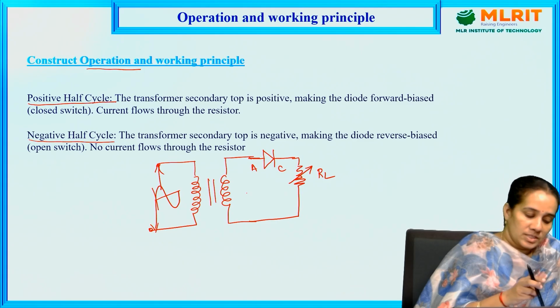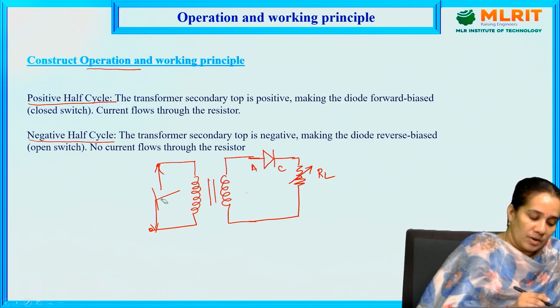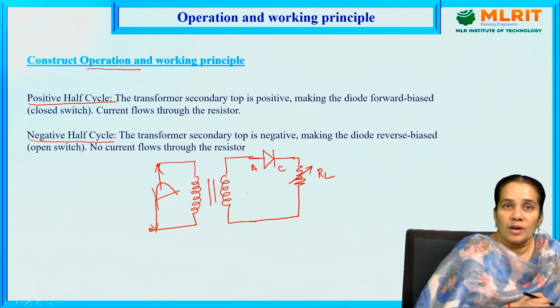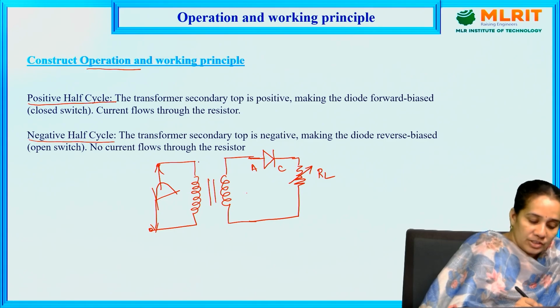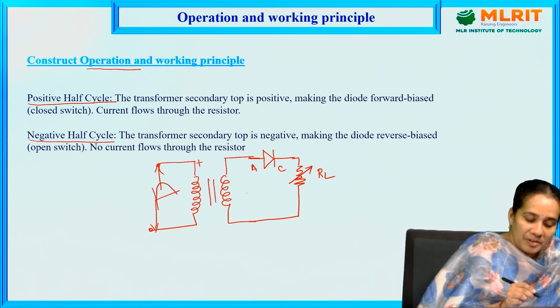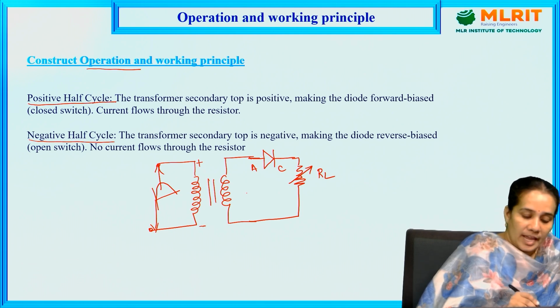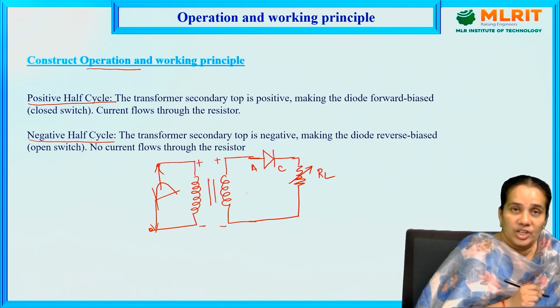Now first see what is happening for the positive half cycle. Positive half cycle means the input voltage at the upper winding of the transformer becomes positive and the lower one becomes negative. The same voltage is transformed to the secondary winding.